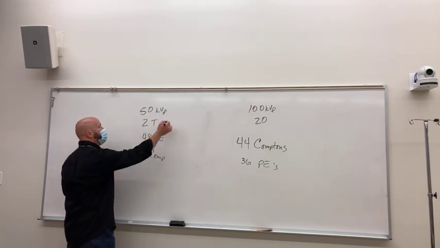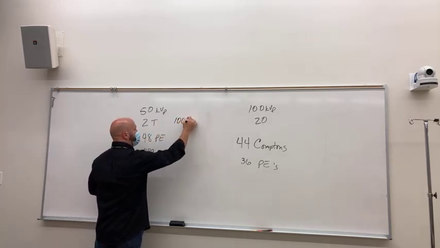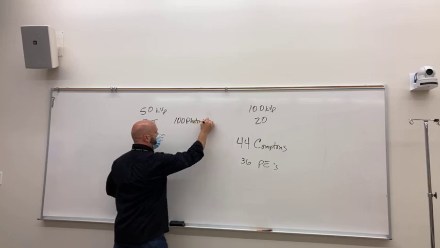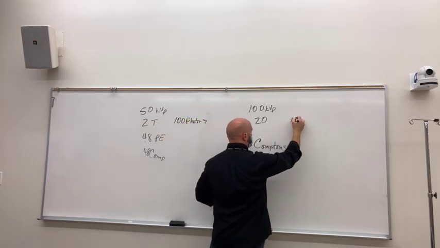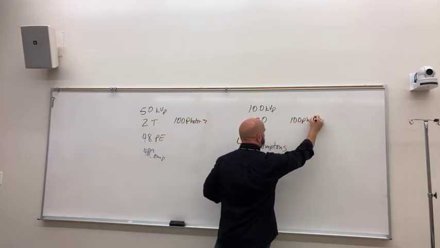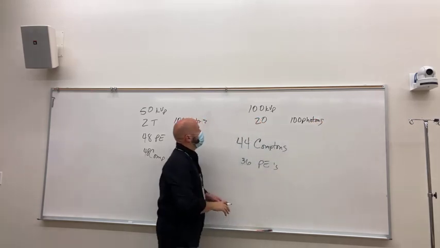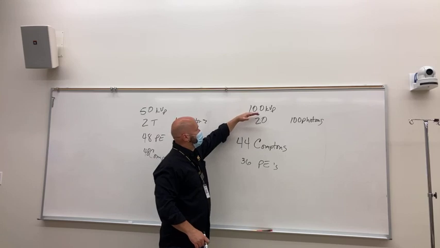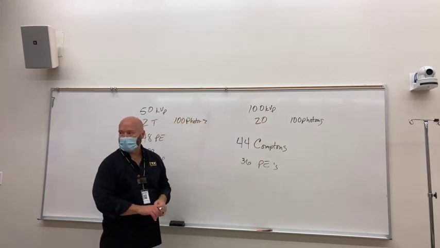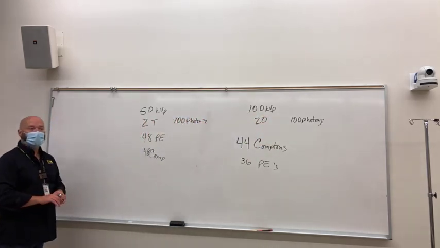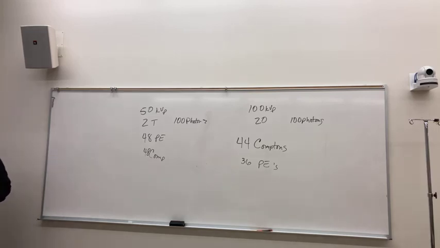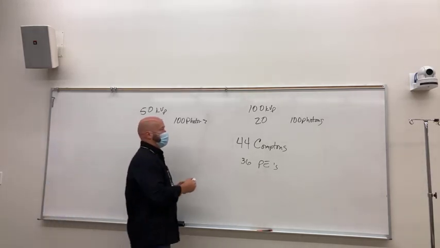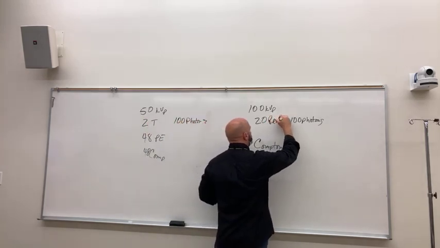If we created 100 photons on this one as well. So at 50 kVp, we created 100 photons. At 100 kVp, we created 100 photons. Okay. So what do you know about kVp? As kVp increases, we get an increase in penetration, right?